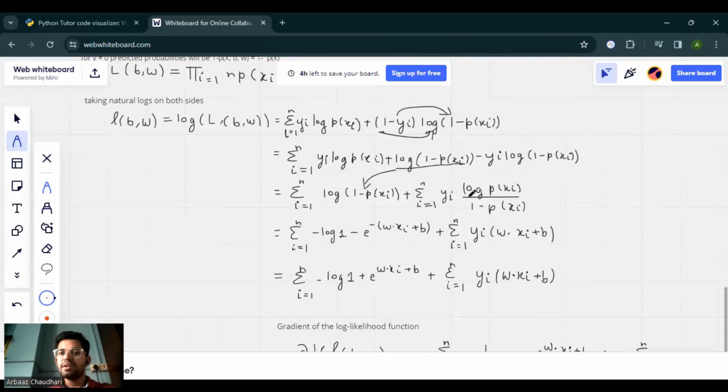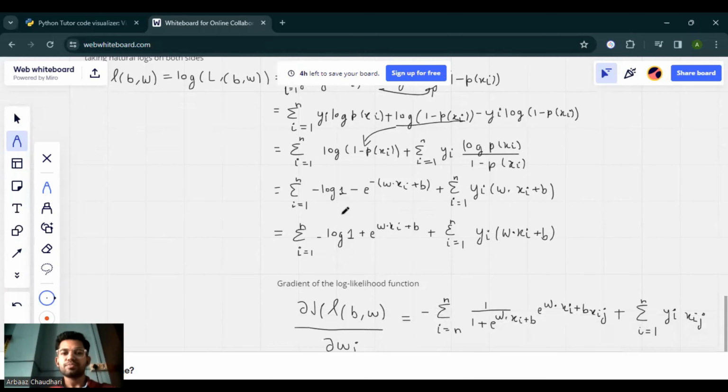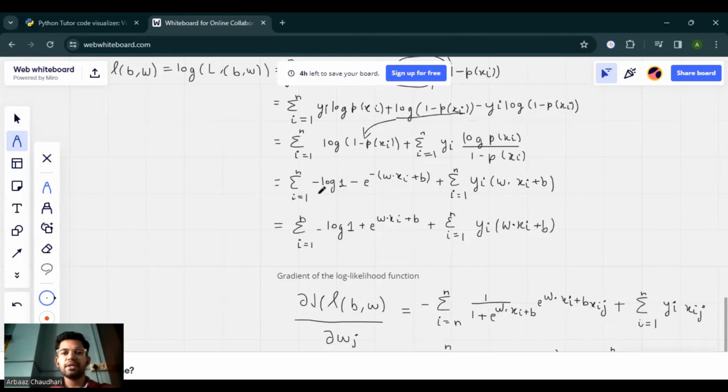Minus means division. So divide by log of 1 minus p of xi. Here log p of xi and log of 1 minus p of xi were in subtraction, so we can write it as a division also. yi was common, so yi is written outside. Okay. So this line is also completed.